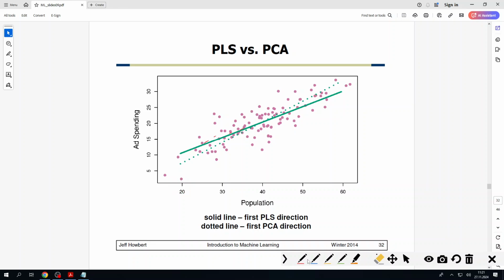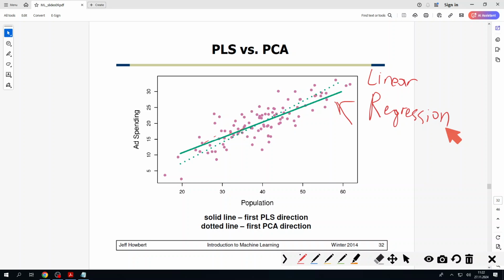So we construct this line by running the linear regression. We already know that. This was actually one of the first algorithms that we studied.